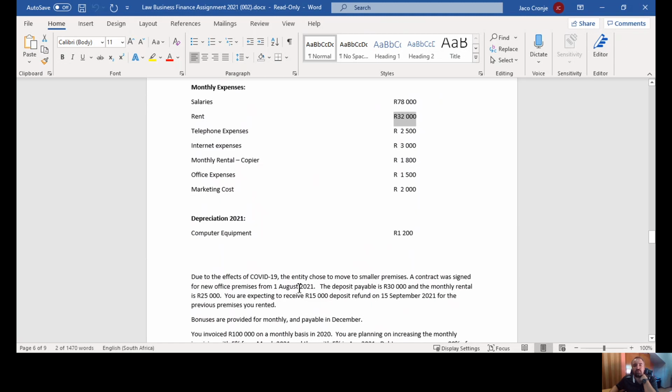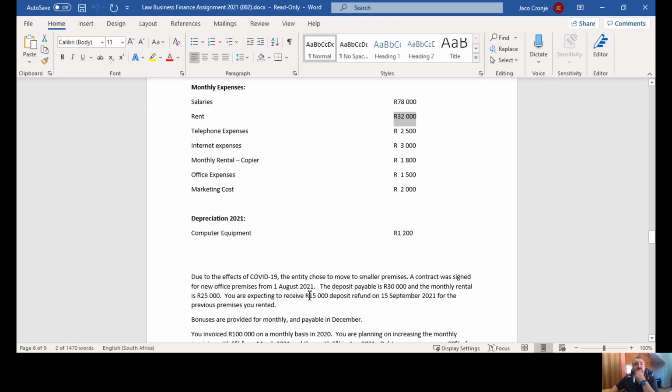And then from the 1st of August, we will read now how much the rent then becomes. A deposit is payable in the amount of 30,000 Rand. So remember, deposits that we pay and receive back are only cash flow items. And the monthly rental is 25,000. So this 32,000 will basically decrease from August to 25,000 Rand.